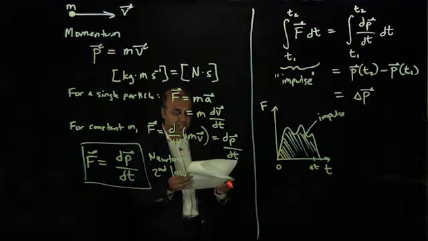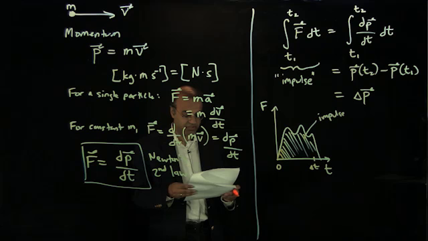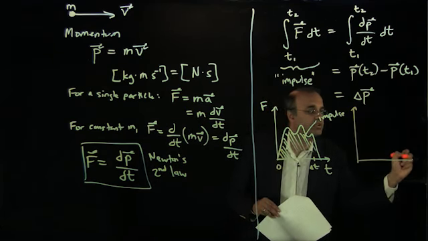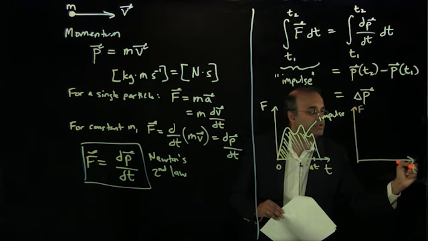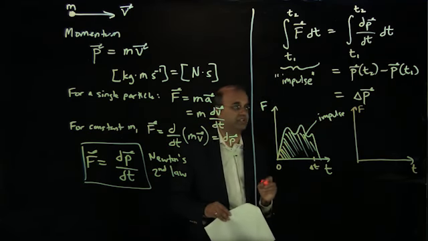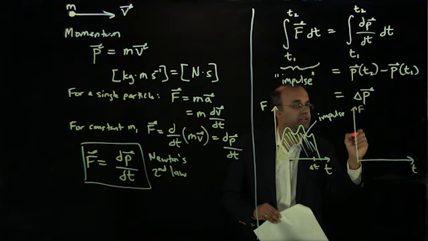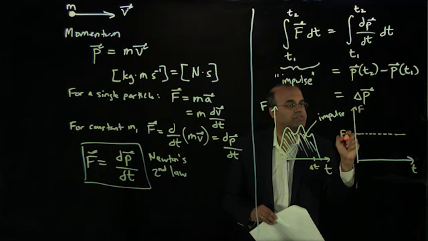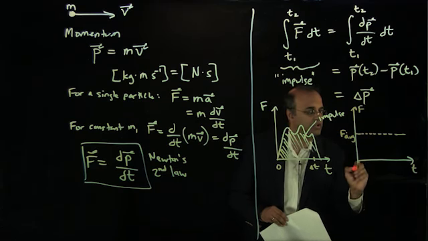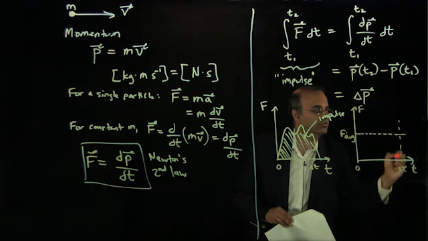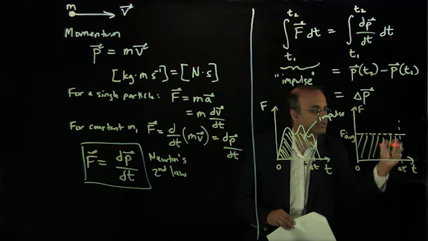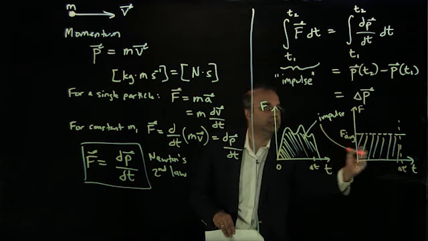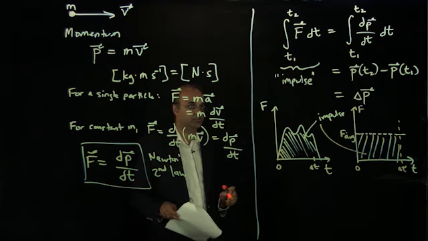So what that means is that I can define an average force by choosing a constant force that has the same area as this example on the left. So suppose I calculated that, and there's some constant force here. I'll call this F average, going over the same time interval. The average force is that constant force which has the same area as the area under my F of t.